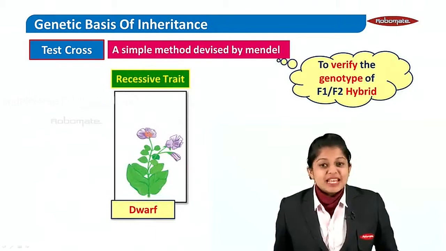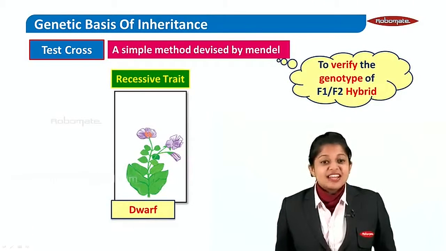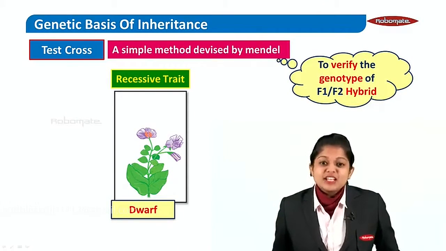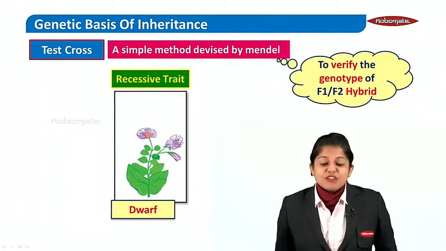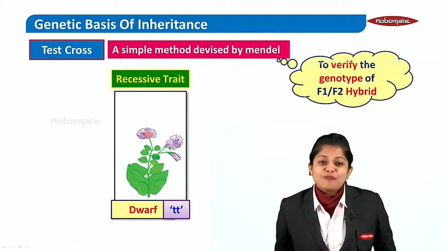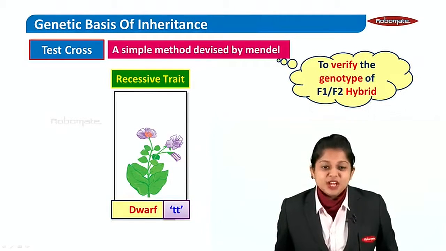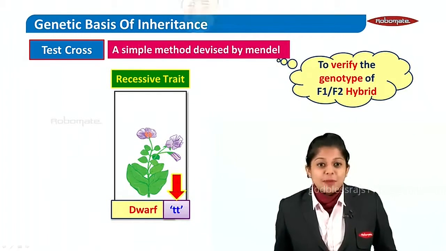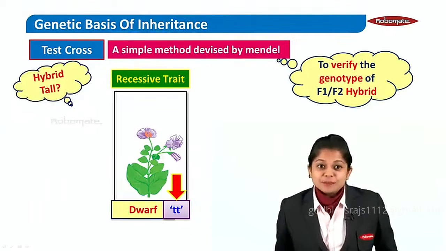Let's say we have here the recessive trait, that is the dwarf pea plant. We know that it is always going to have a genotype of homozygous recessive. But students, what about hybrid tall?